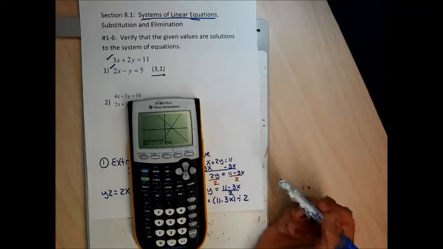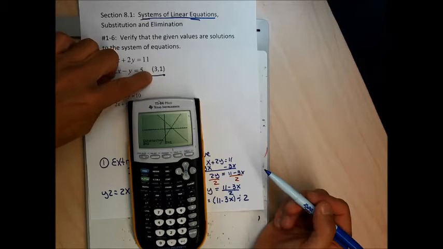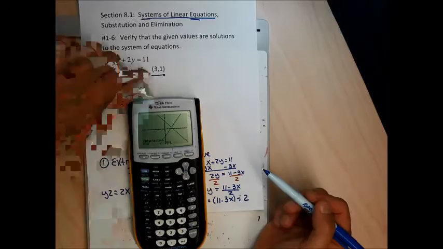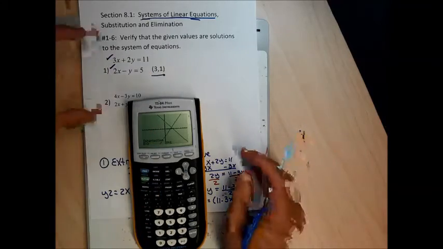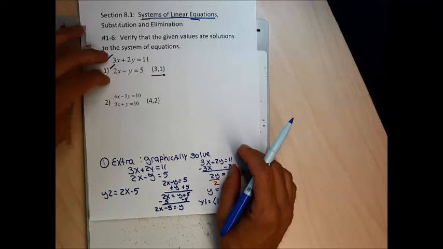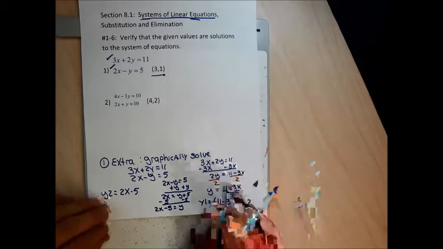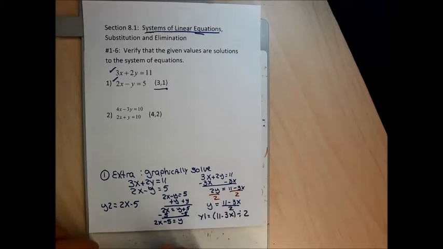So a point is a solution to a system of equations if it's where the 2 lines intersect. So that's visually what we're doing in section 8.1. When we're solving a system of equations, we're finding the point where the graphs intersect.